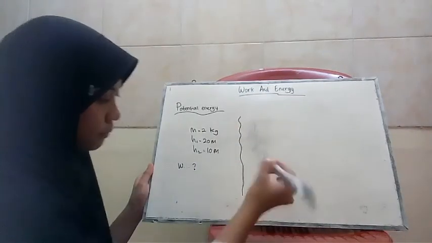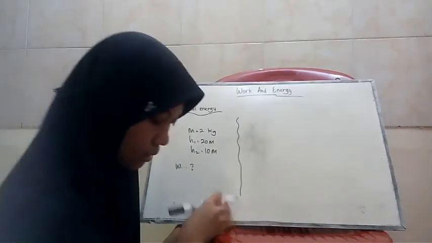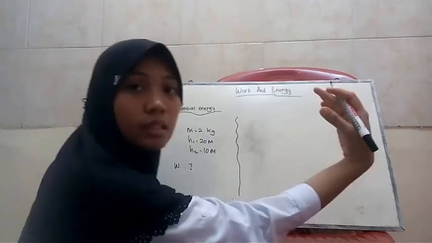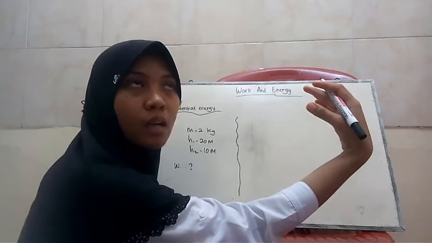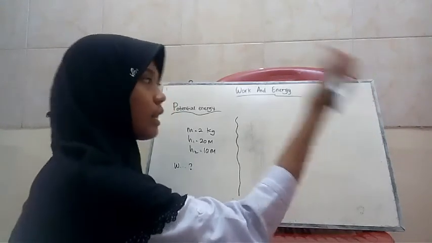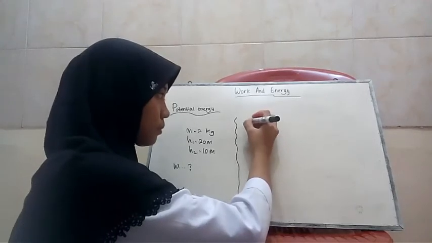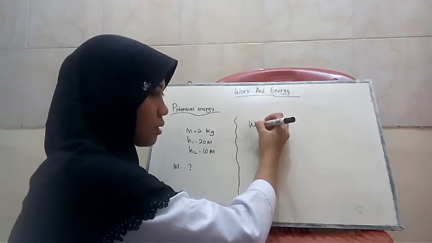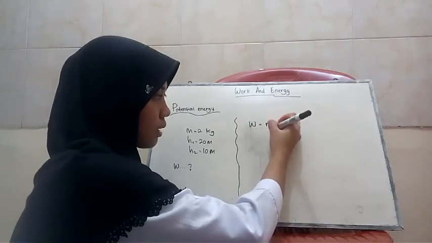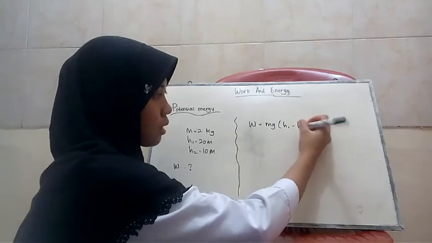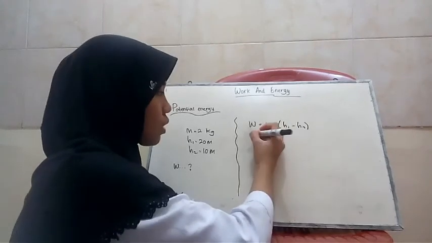Okay, and then we must use the relation of work and potential energy: work equals m g times h1 minus h2.